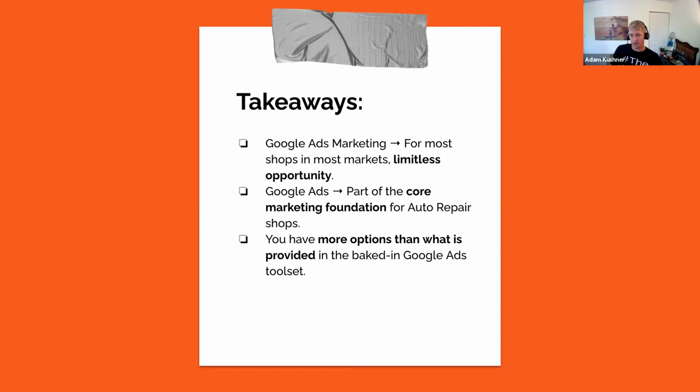But diving into the partner network, it's not something that we focus on a lot at Business Actualization. In my opinion, it can be a reward system for spending money. So you're rewarded for spending the most amount of money with Google, and making sure that you're working with a partner that has your best interest in mind, and looking at your investment in ad spend as you would investing in anything else.